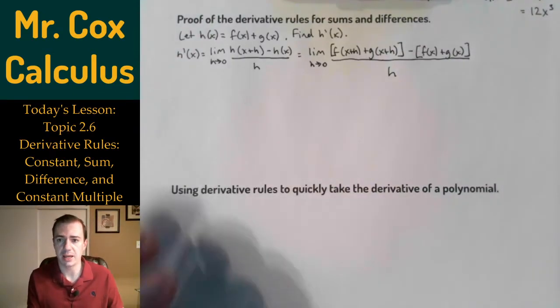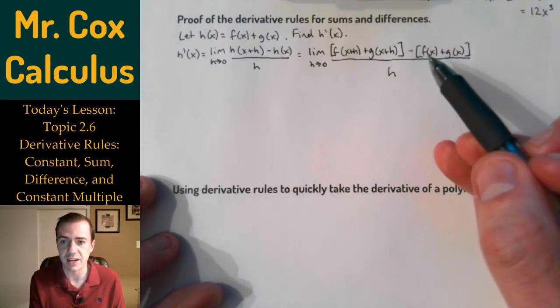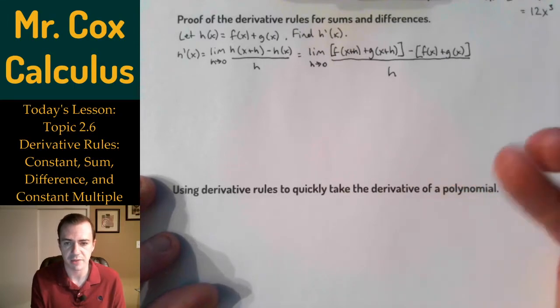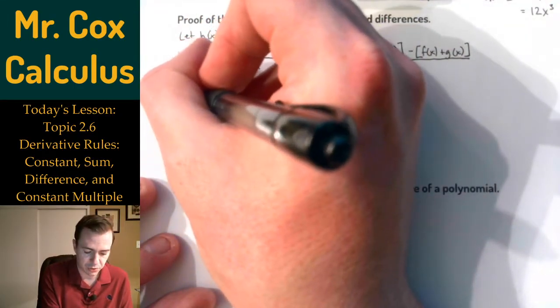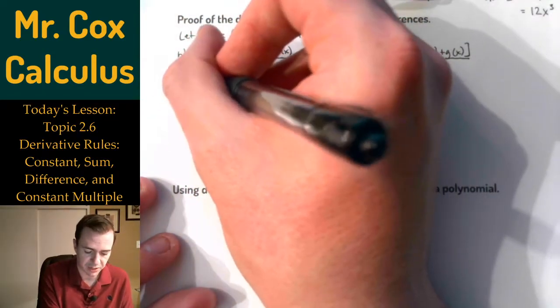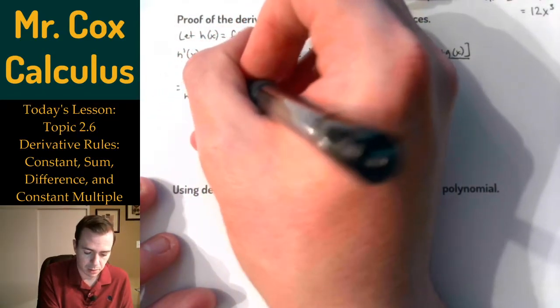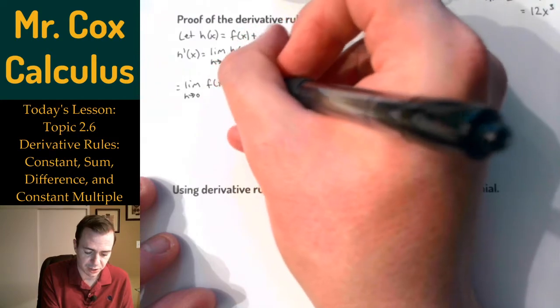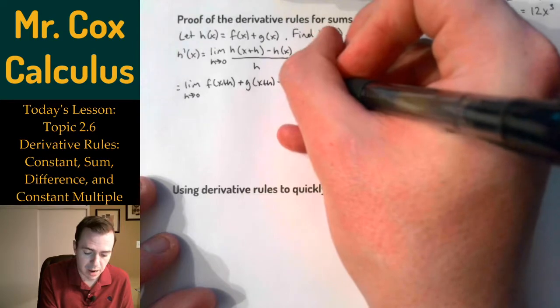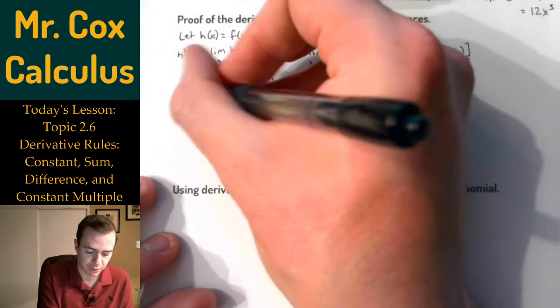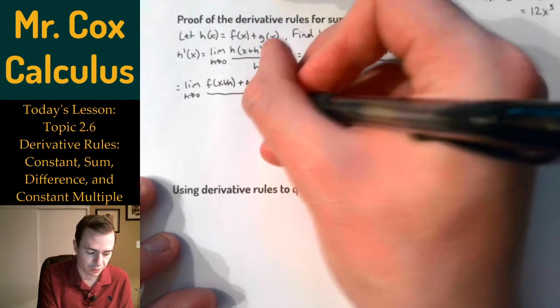Let's distribute the negative sign into f of x and g of x. So this is the limit as h approaches 0 of f of x plus h plus g of x plus h minus f of x minus g of x, all over h.